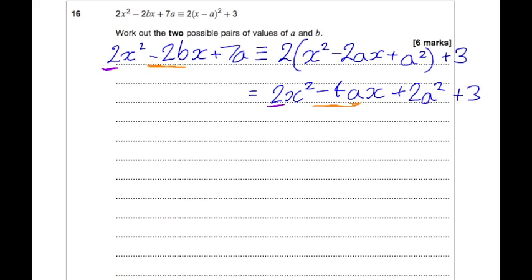And the constants we've got 7a on the left and 2a squared plus 3 on the right. So they're the things that don't involve any x's. So we know two things now. We know minus 2b equals minus 4a, and we know 7a equals 2a squared plus 3.